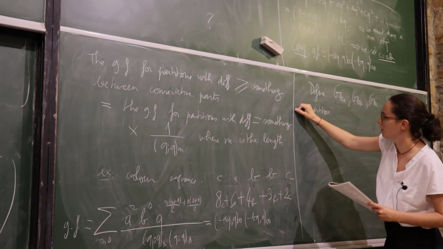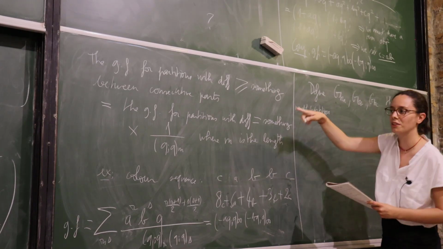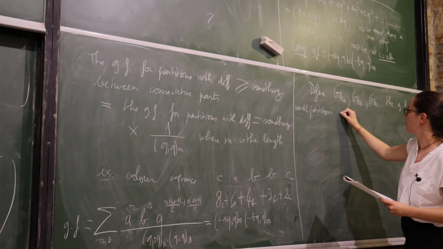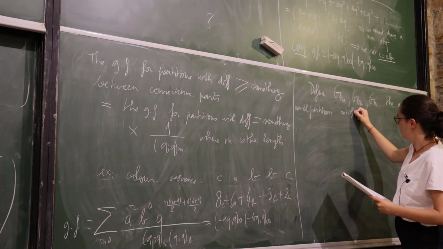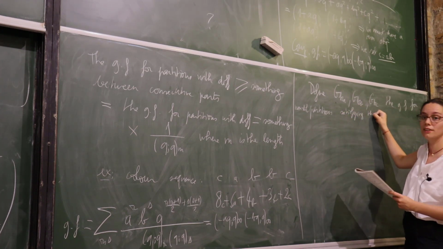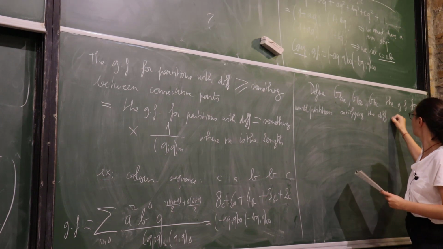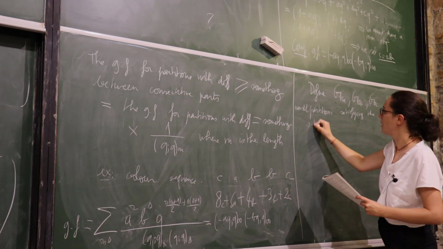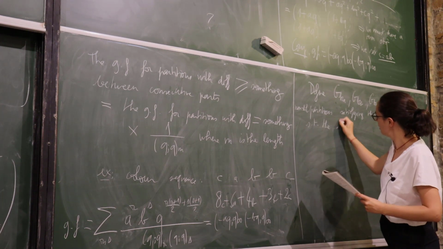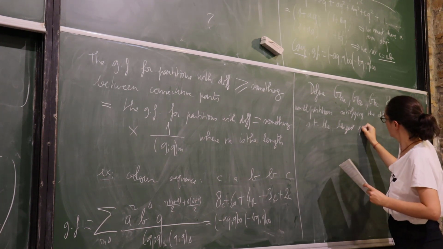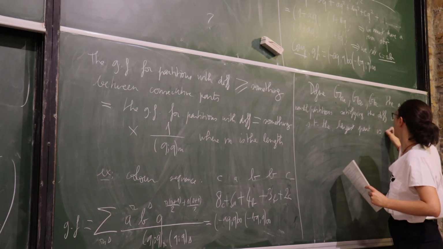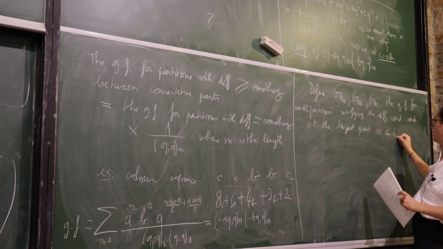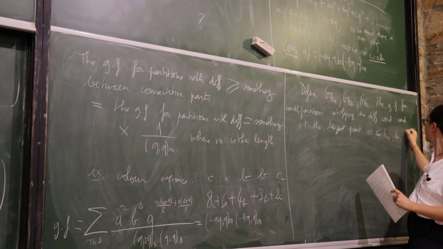Of course, this is always non-dilated, and also for them, obviously. Partitions satisfying the difference conditions, such that the largest part is at most Ka, Kb, and Kc, respectively.